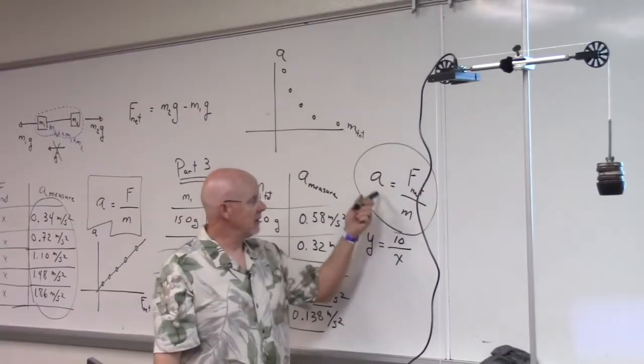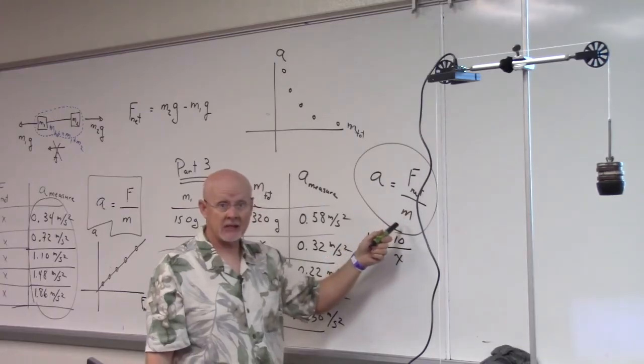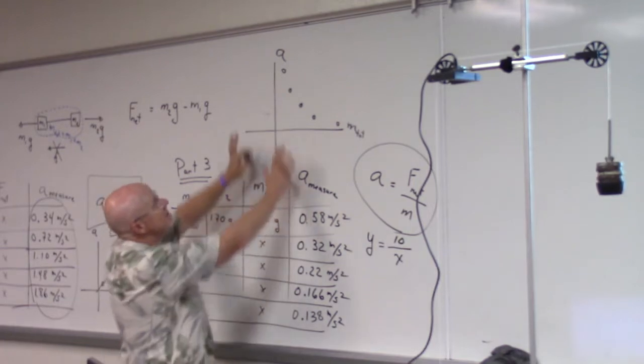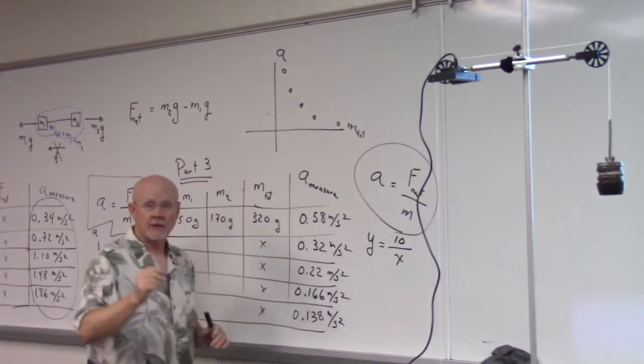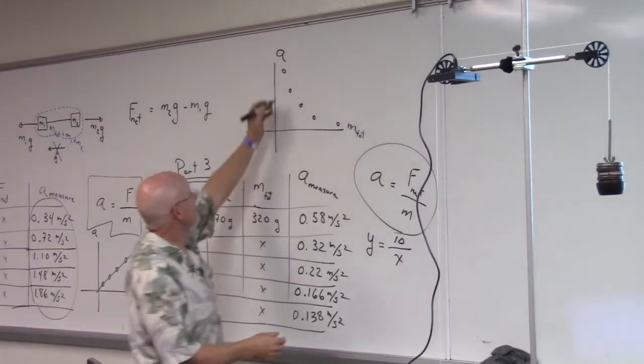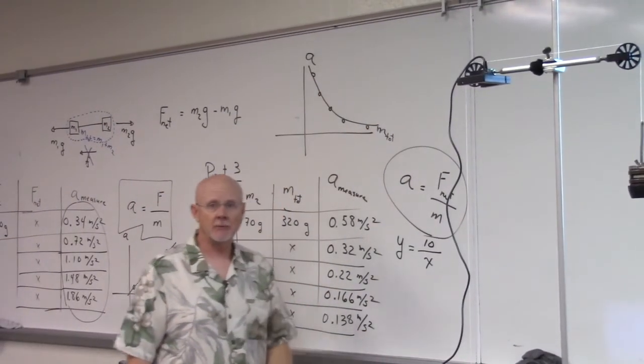And Newton's second law is saying that. It is saying it's inversely proportional to the mass. So we want to know, did the data we collected match a pattern that is inversely proportional? And so you are to curve fit it to an inverse proportion.